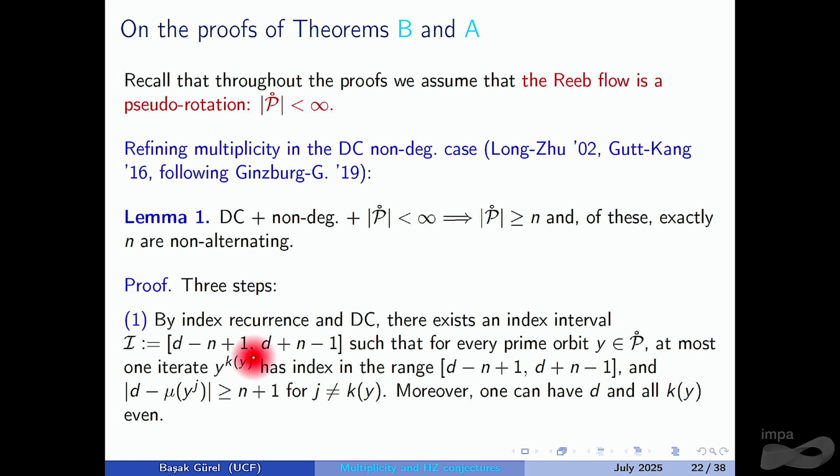First, underlying all of this is a theorem we call the index recurrence theorem, originally going back to the work of Long and Zhu, which they call the common jump theorem. So this is going to tell you that there is an index interval.